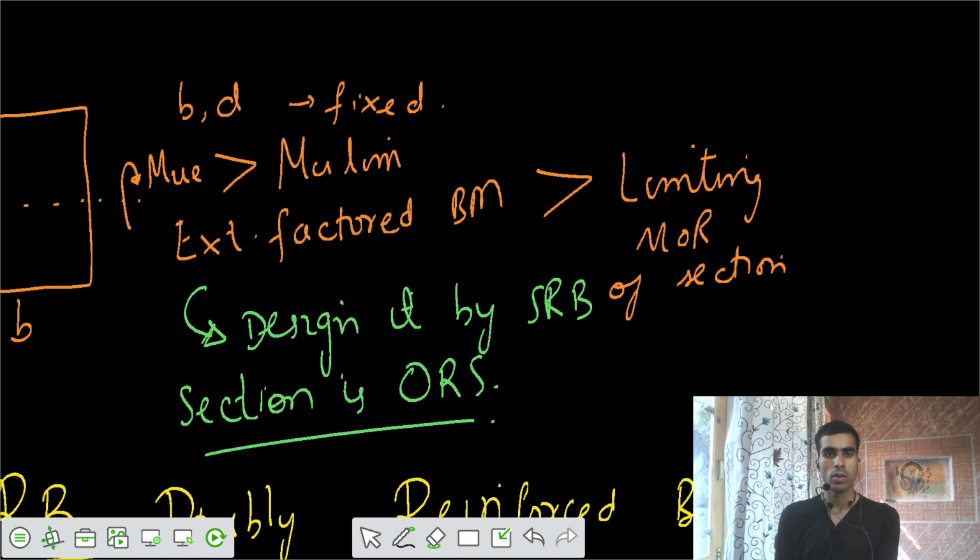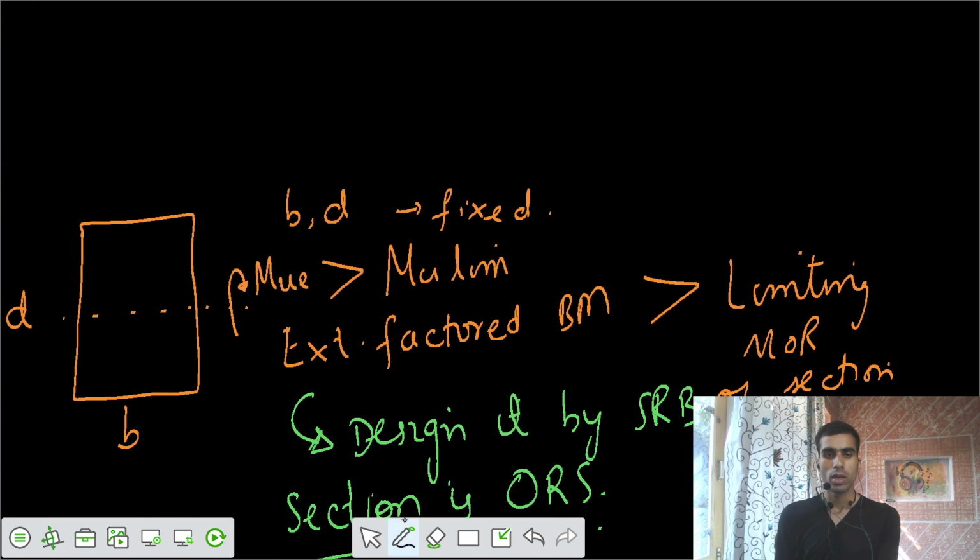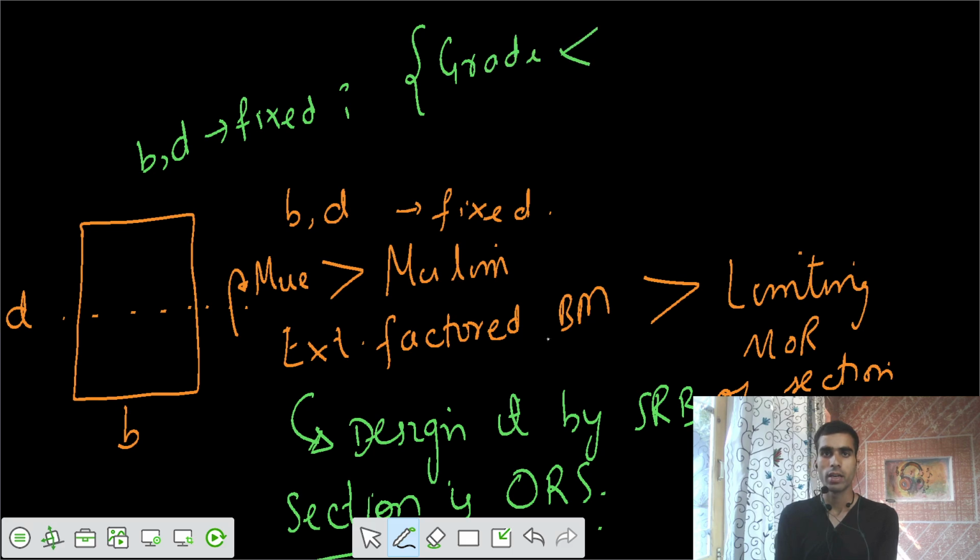Now to overcome this, your variables B and D are fixed, so you can't change the dimensions. What you can change is the grade of concrete or the grade of steel.